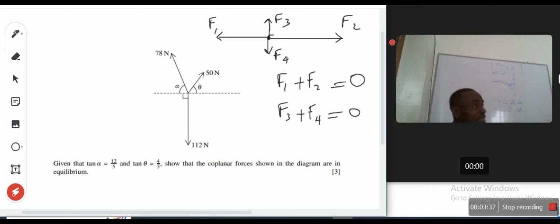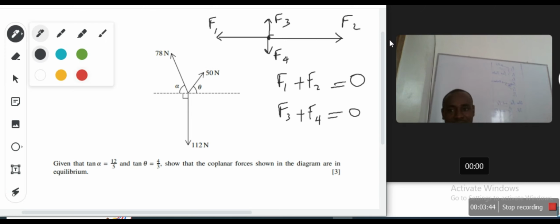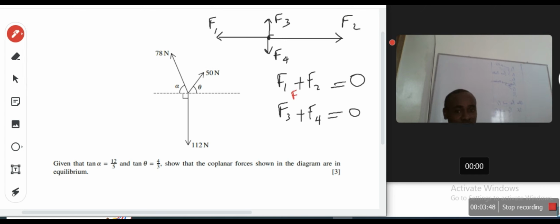So you can express it like that, or you simply say F1 equal to F2. F1 must be equal to F2 in magnitude, but one is in one direction and the other is in the opposite direction, so one will carry a negative and the other a positive.